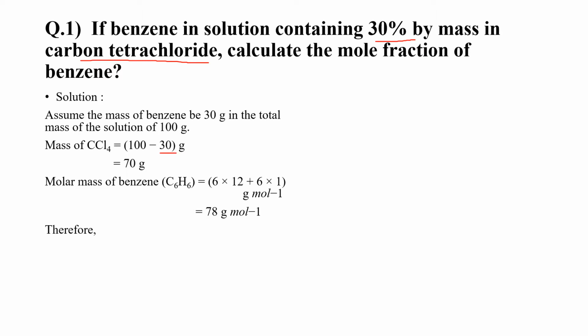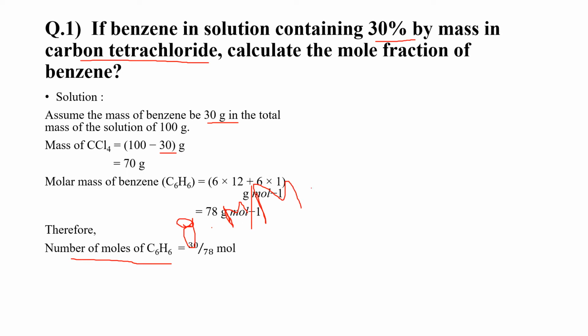Now, as we have calculated the molar mass of benzene, and as we know the given mass of benzene, from this we can easily calculate the number of moles of benzene. The number of moles will be equal to, according to the formula, given mass upon molar mass.